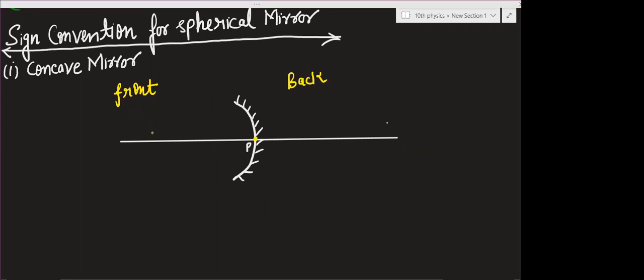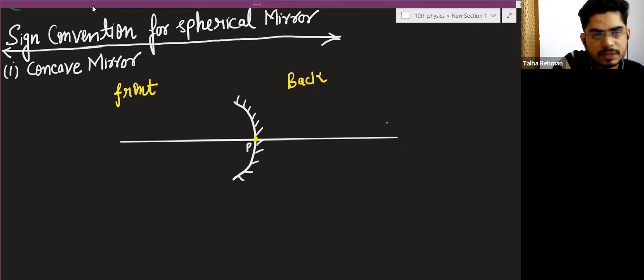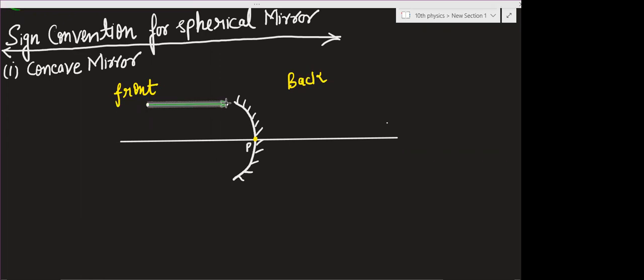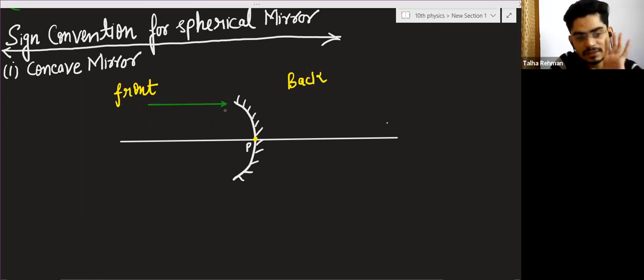So the direction of light will always be like this. Light can move in the other direction also, an object can give light in that direction too, but here I am considering that the direction of light is this way, meaning light is falling on this mirror from any object.